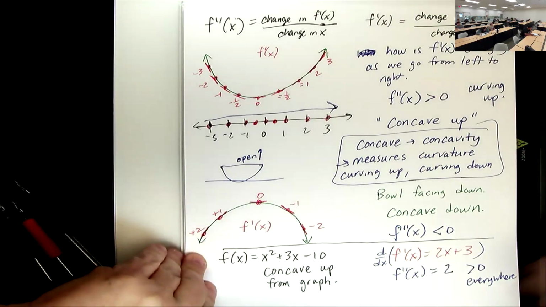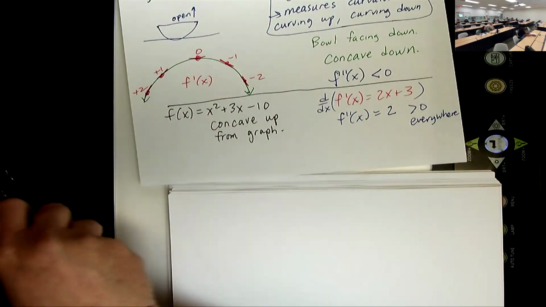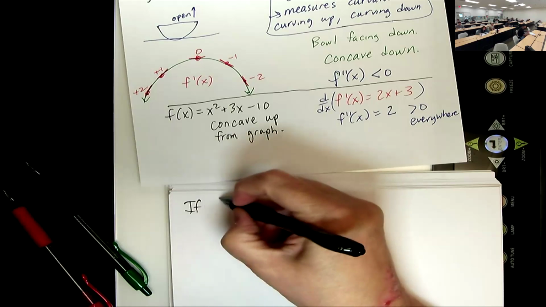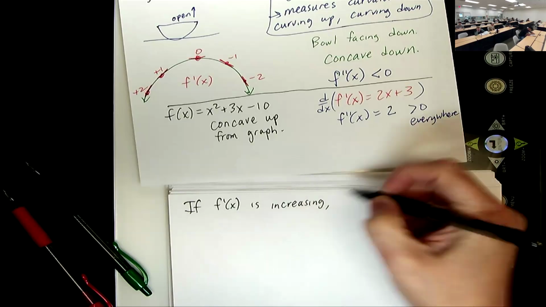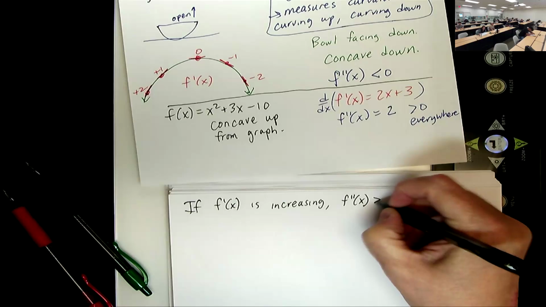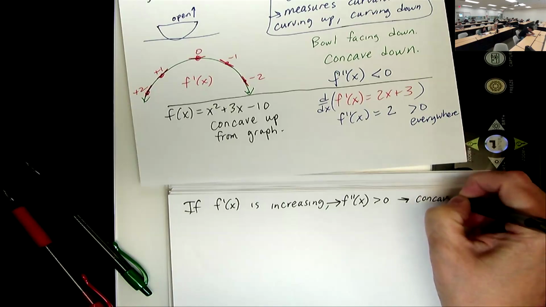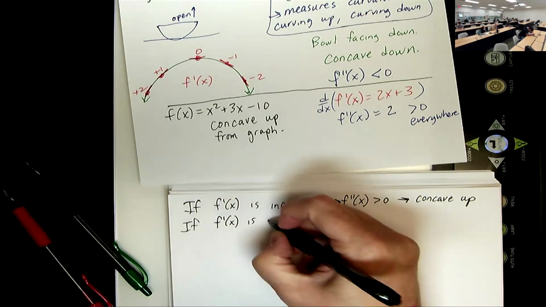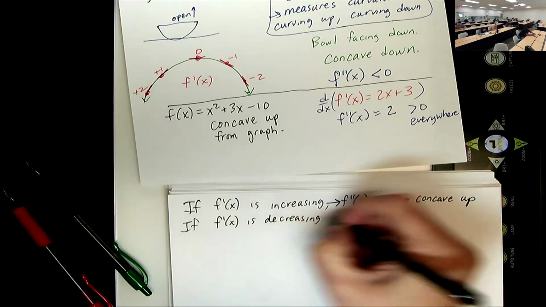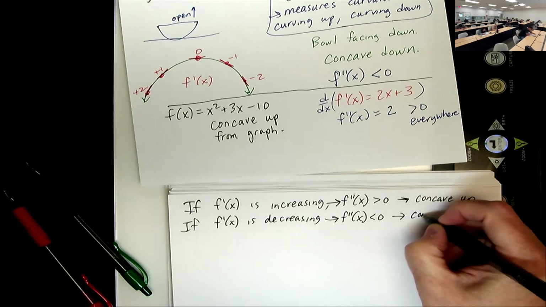So to put that all together next to each other, for stuff that you can find when you're skimming through your notes: if f prime of x is increasing, f double prime of x is greater than 0, and we have concave up. If f prime of x is decreasing or going down, then the second derivative is less than 0, and this is concave down.